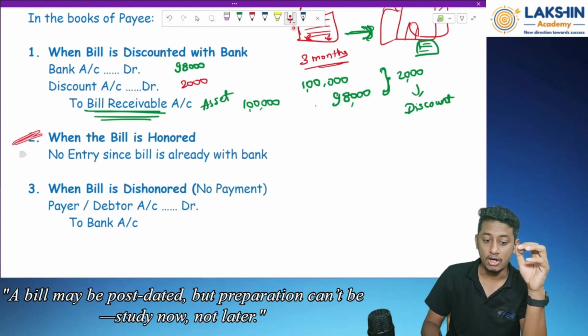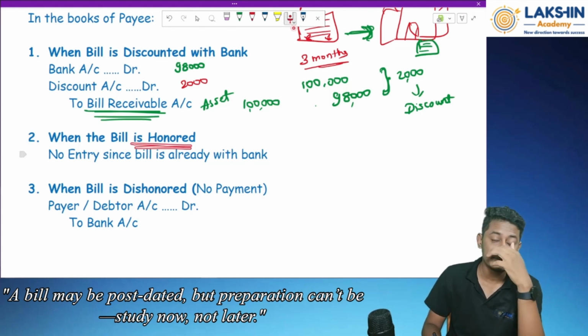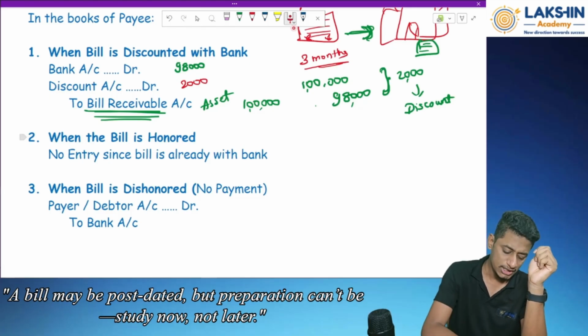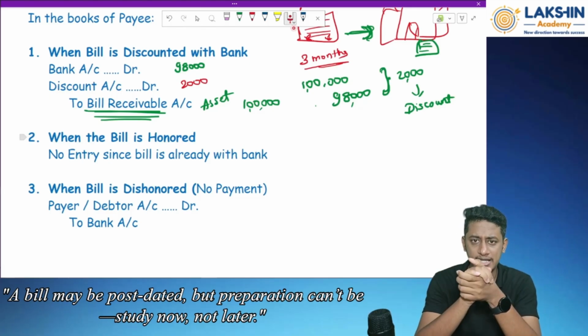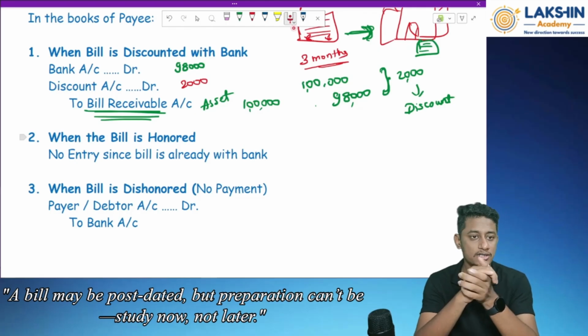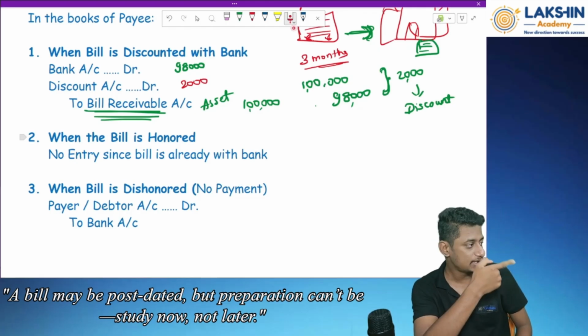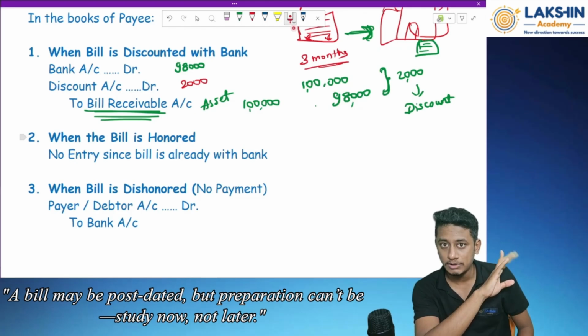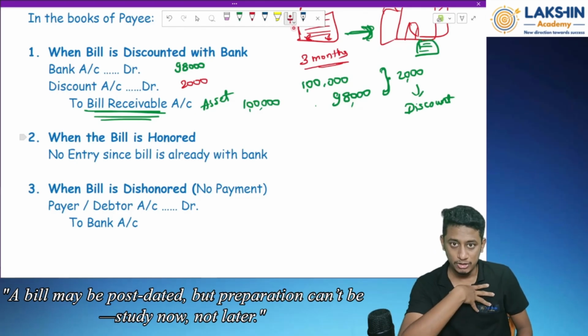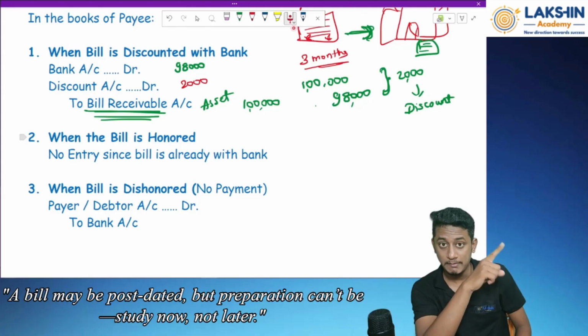When the bill is honored, let us say the bill is honored on the due date, after 3 months Mr. B is making the payment. Now tell me, is Mr. A receiving anything over here? No. Why? Because the bill is with the bank. Now the bank will go to Mr. B and ask for the payment. Will Mr. B make the payment to me? No, he will make the payment to the bank.